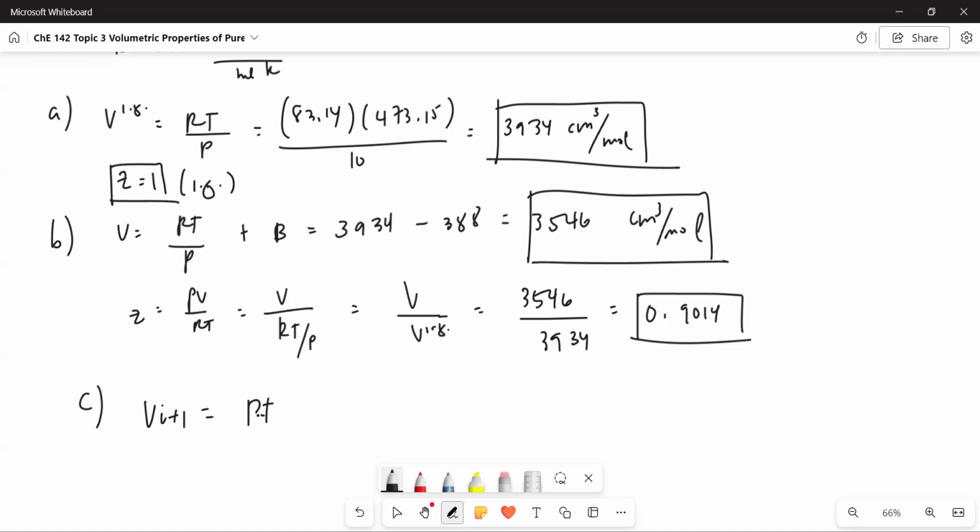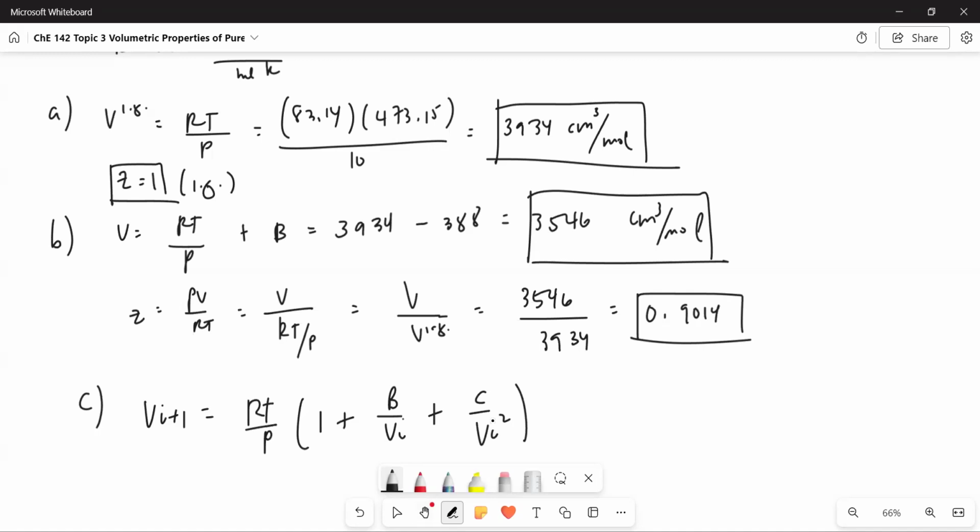Okay, I'll write the original equation. RT over P times 1 plus B over V sub i plus C over V sub i squared. So this is the three-term virial equation.